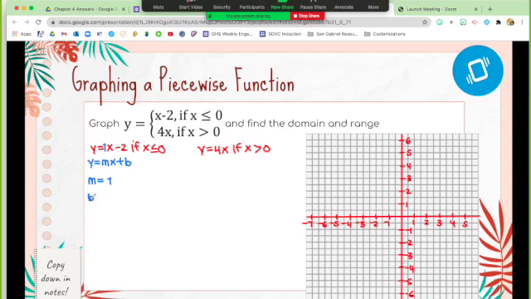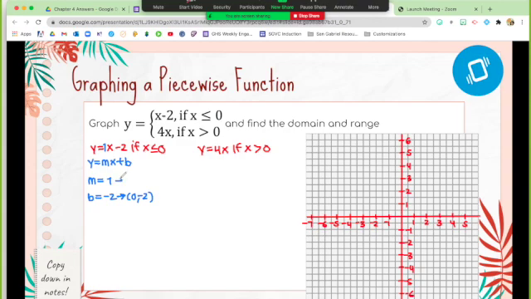And then my y-intercept is going to be negative 2. And I like to change this into the ordered pair 0, negative 2. That just helps me understand where on the graph I'm going to start.